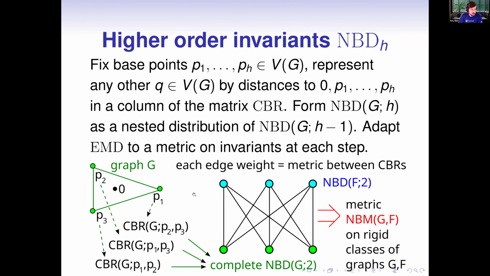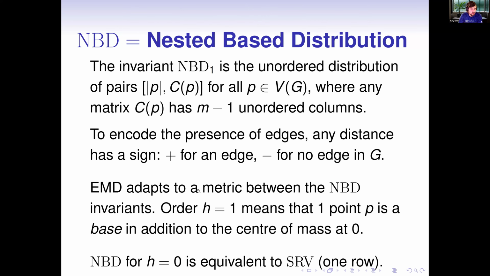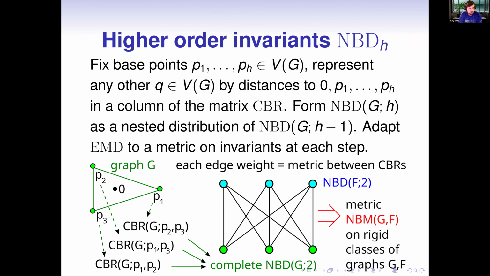So in this case, we just had a base point and an origin, and this actually formed the nested base distribution, but this can be generalized to a thing where we have many base points.